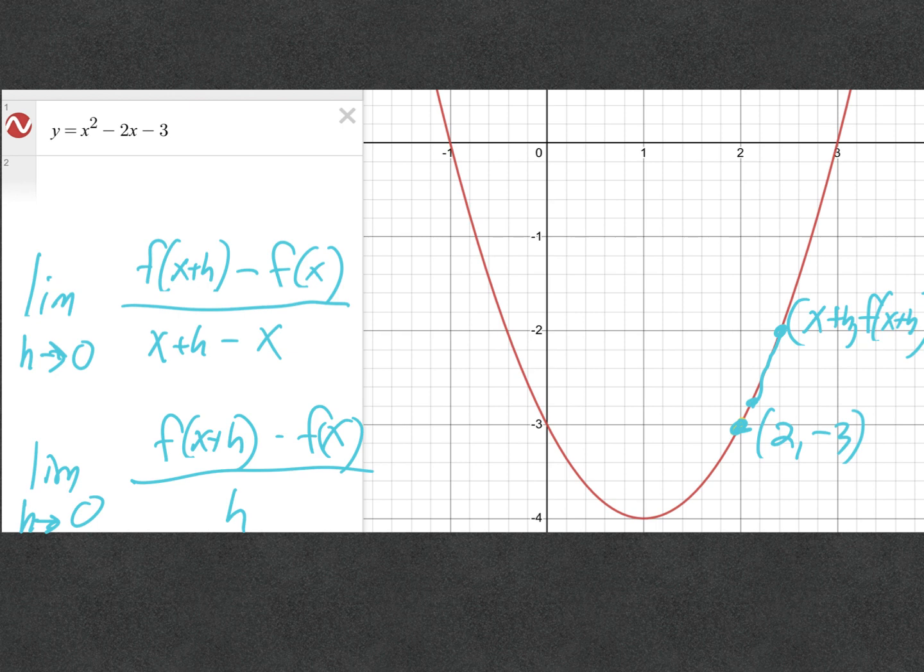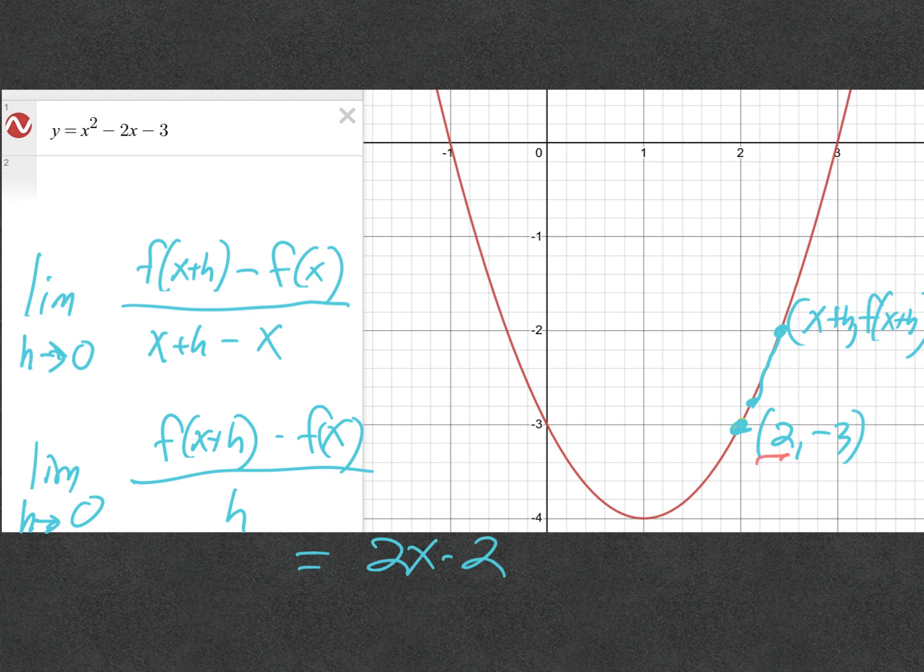That right there is the formula for the slope of a line that goes through a point x comma y. Which means this equals, in our case, 2x minus 2. And if I'm looking at this point, what is that? Well, 2 is my x.